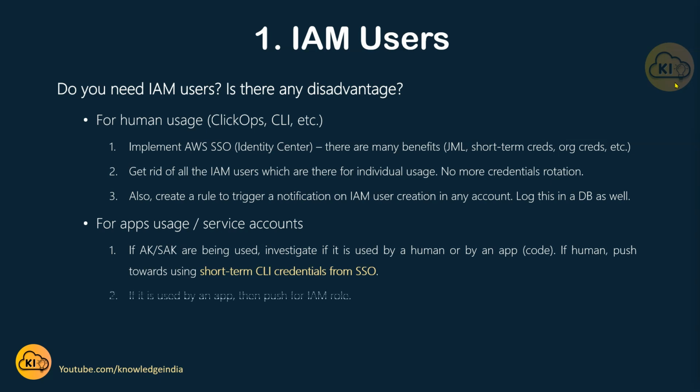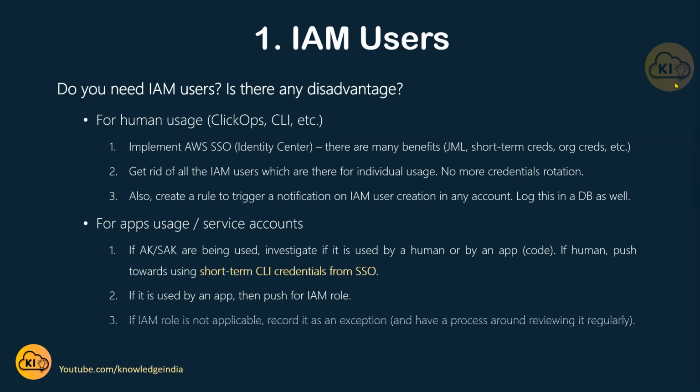If, on the other hand, an application is actually making use of the IAM user credentials, then you should ask the question: why are you not using an IAM role? You should push the application team to make use of an IAM role. Now, if the application is hosted somewhere on AWS, surely an IAM role can be used.